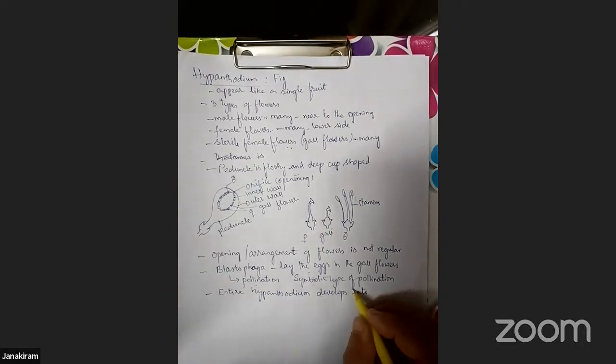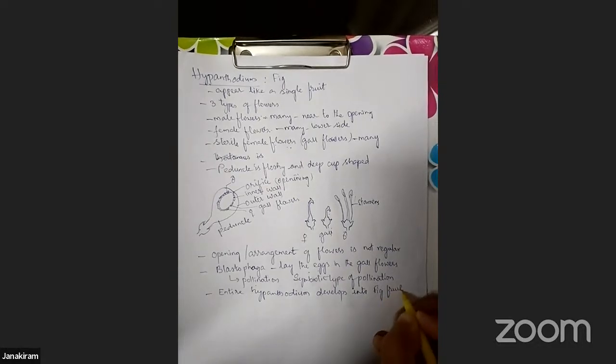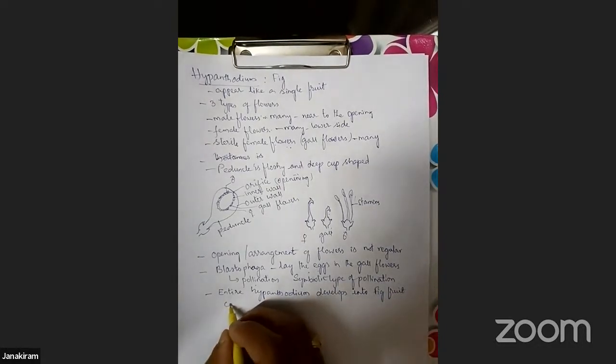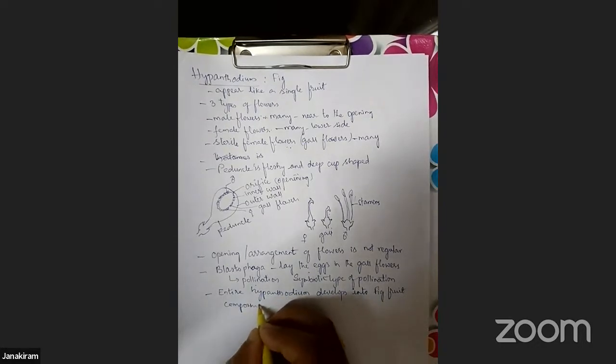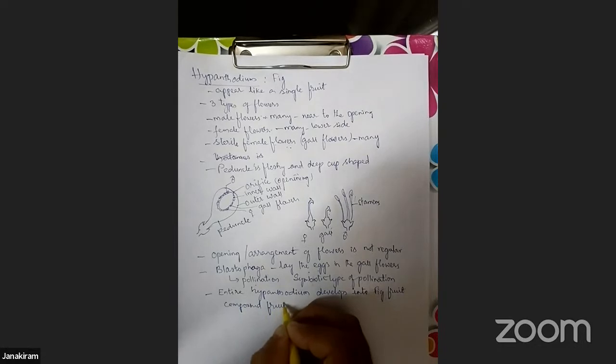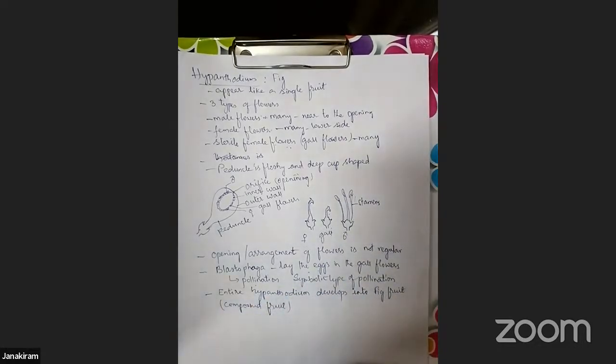That fruit is called a composite fruit, the fig fruit. It is called a composite fruit or compound fruit, we can call it. That can be studied in the fruit lesson.